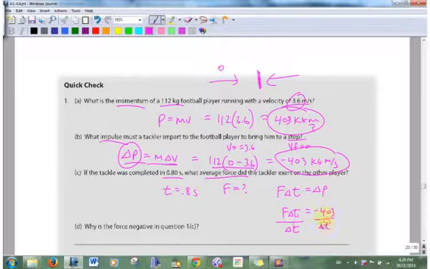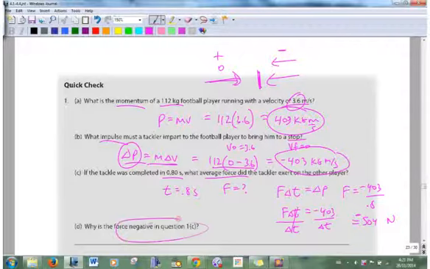Well, divide both sides by t. And the force is negative 403 divided by 0.8. Force, of course, is in newtons. Put that in your calculator, and you should get 504, and it's negative. Because, of course, that force is in the opposite direction as this runner was going initially. If I took that as positive, then that direction's got to be negative. Okay? So, I just answered that question already.